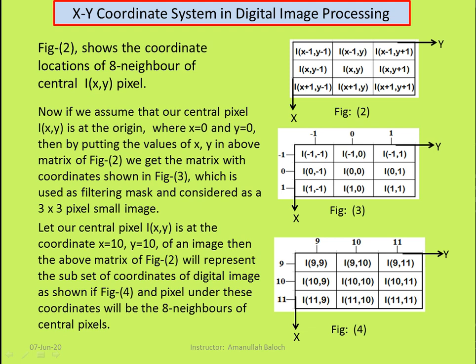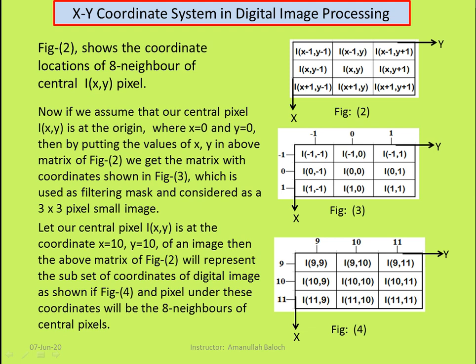From the upward direction it will decrease to minus 1, and from the downward direction it will increase to plus 1. Similarly for y, if this position denotes the 0 value of y, then when we move backward the y will decrease to minus 1, and when we move toward the positive y direction, the value becomes 1.